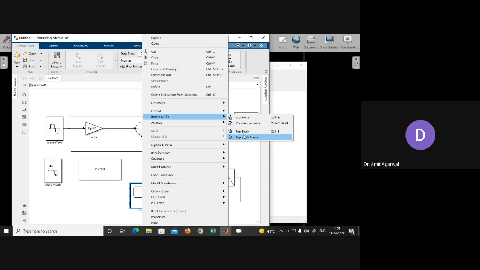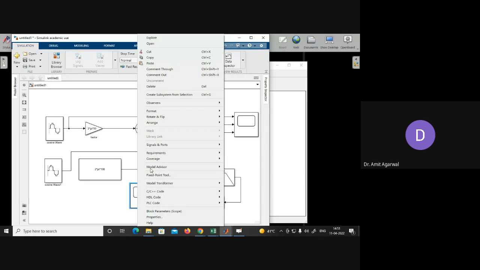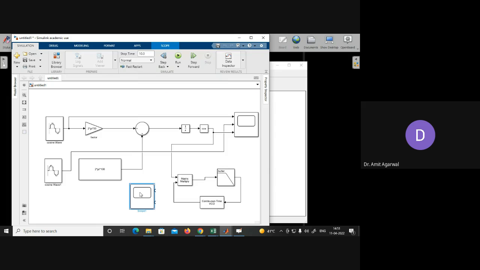Rotate and flip. So we want to see the modulated signal and demodulated signal.